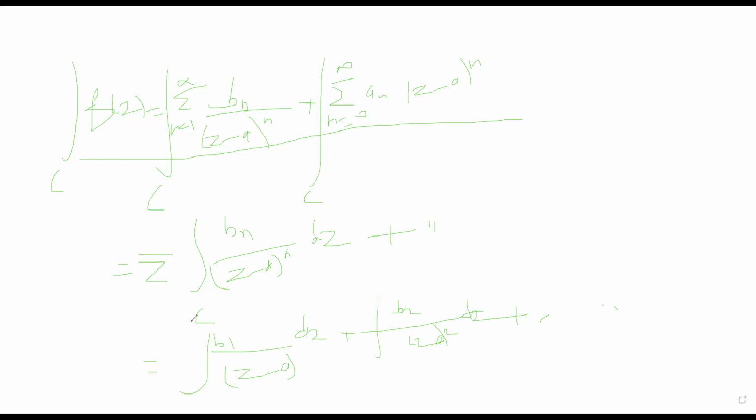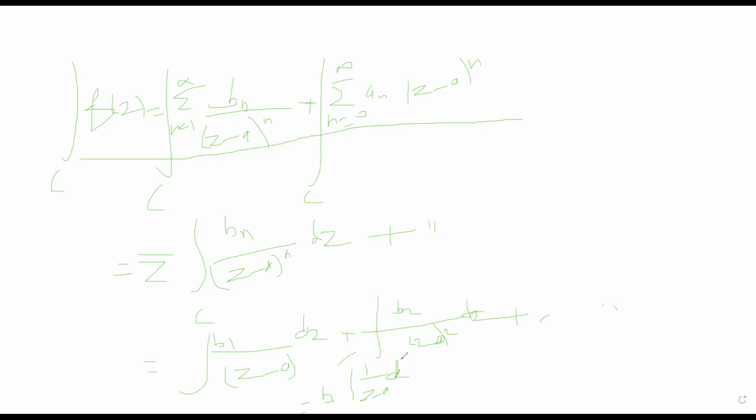Since b1 is constant, we will take b1 outside of the integral, which is equal to b1 into integral over c 1 by z minus a dz.